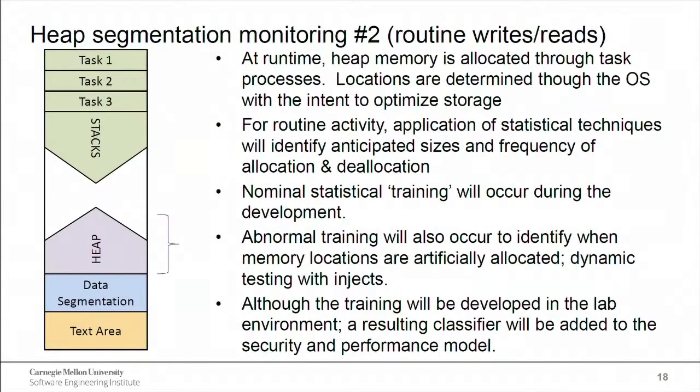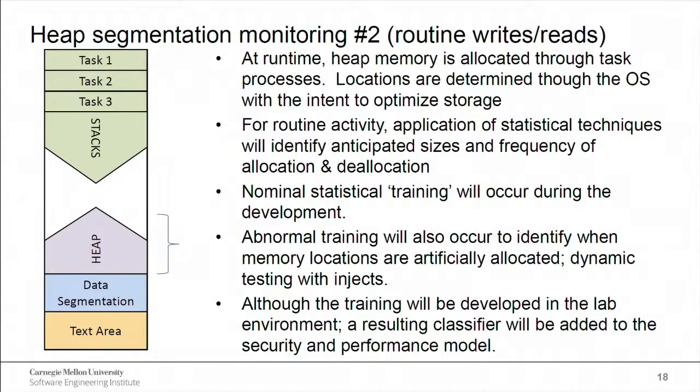So at runtime, Heap is also going to be consumed or taken up by those individual flight software tasks. But it's usually in a predictable way, based upon the progression of that task over time. And what we've seen in the lab so far is this is an ideal time for training.